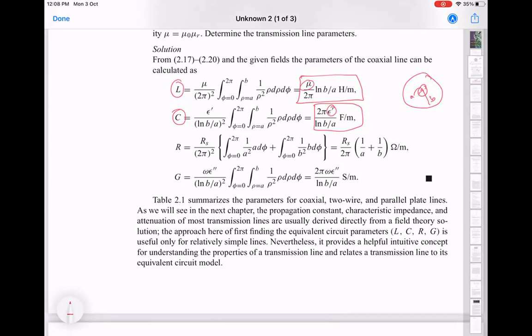For a given A, if I increase B, so that means the center rod is fixed and I'm just increasing the outside diameter, the inductance per unit length goes up. Okay. Now, that's not so easy to understand intuitively. So let's look at the other case, which is if A becomes smaller, then inductance per unit length goes up. And if A becomes bigger, it goes down.